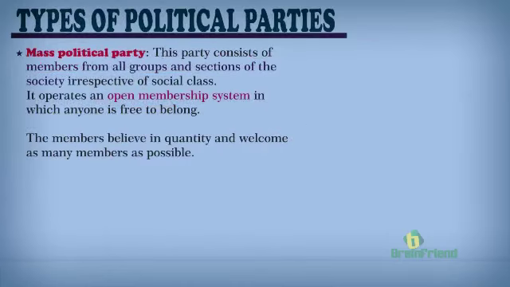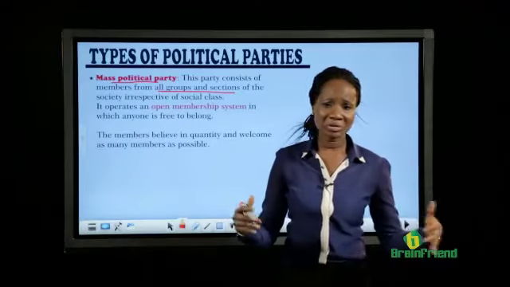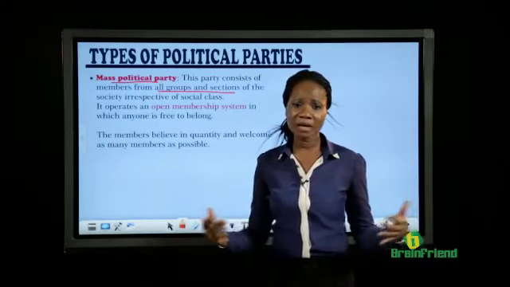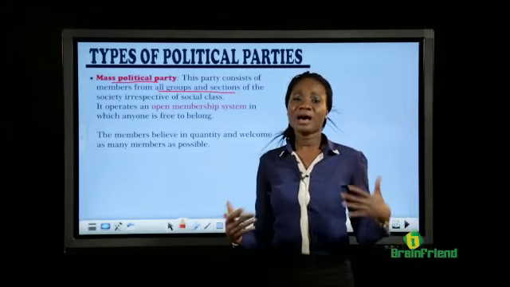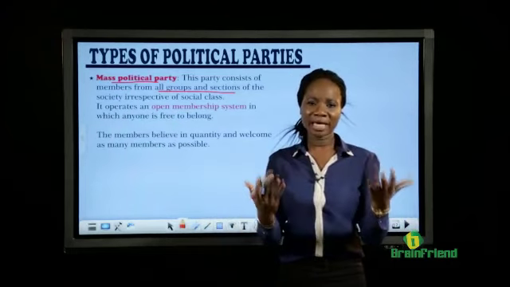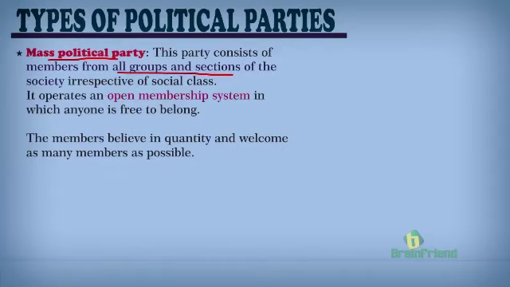The second type of political party we'll be looking at is the mass political party. This party consists of persons from all groups and sections of a society, irrespective of your social status. You could be a civil servant, a lecturer, a teacher, a farmer, whosoever. As far as you make your request known and show your desire to be a member of that party, you'll be accepted.